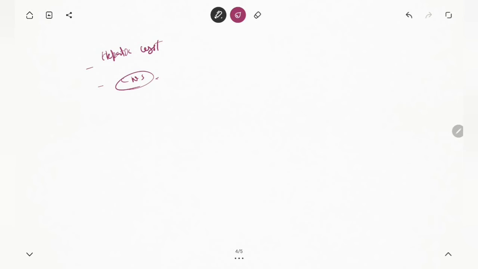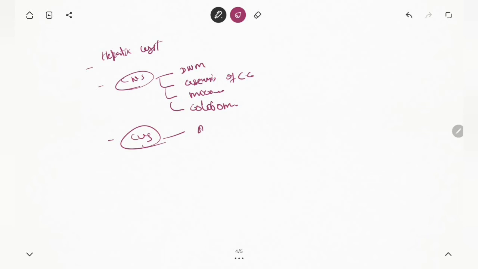Moving to CNS, there may also be Dandy-Walker malformation, agenesis of corpus callosum, then microphthalmia, coloboma. Moving to CVS, it may be associated with VSD or ASD or coarctation of aorta. In the lungs, there is hypoplasia.